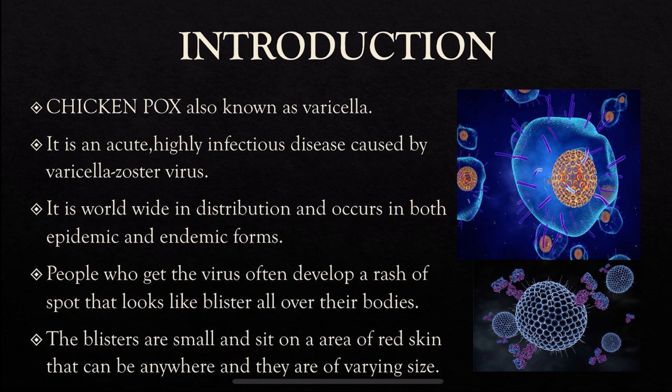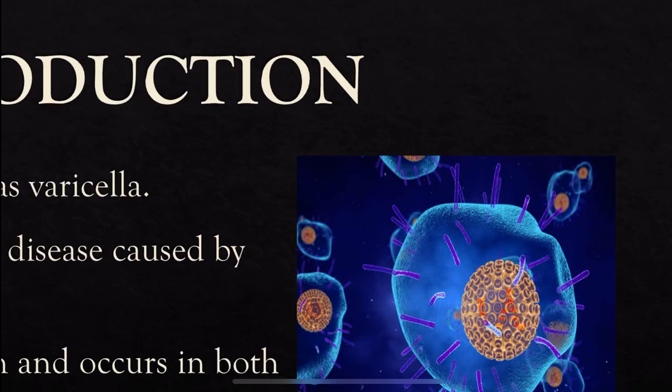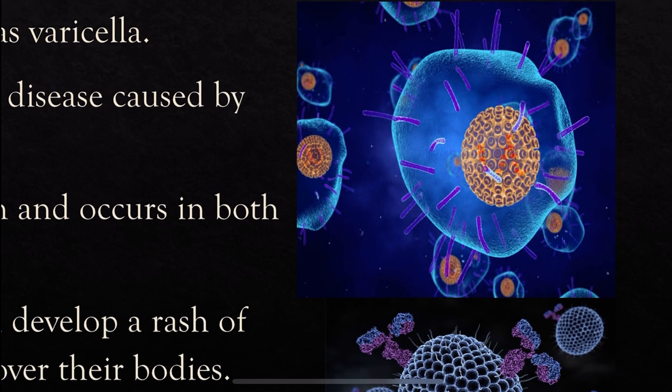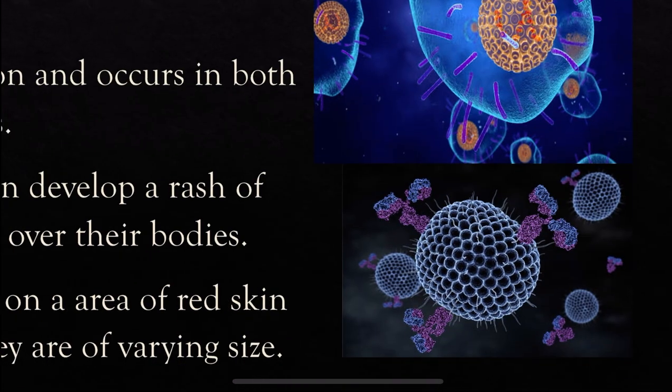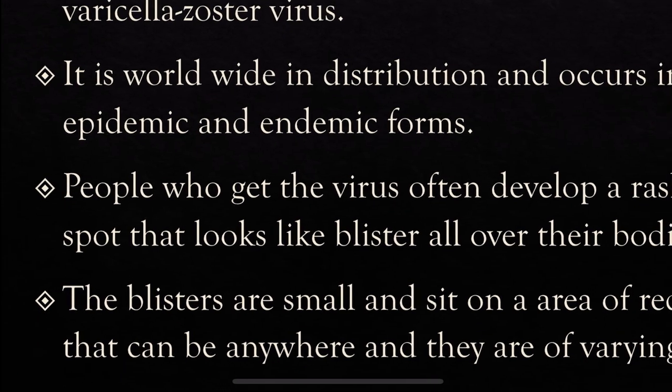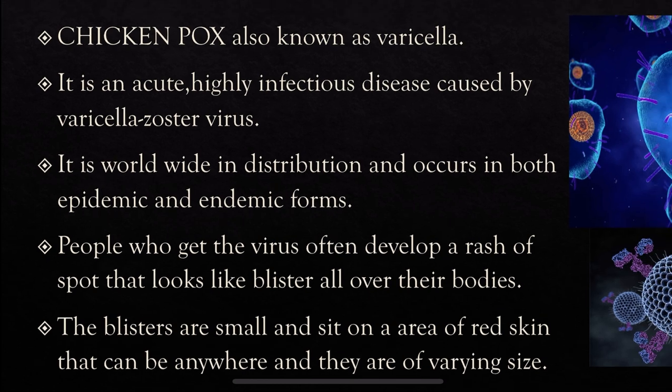Thanks to Google images, we have a beautiful varicella zoster virus picture here, so you can just snap it in your memory. The varicella zoster virus is causing chickenpox in people. It is characterized by a vesicular rash.